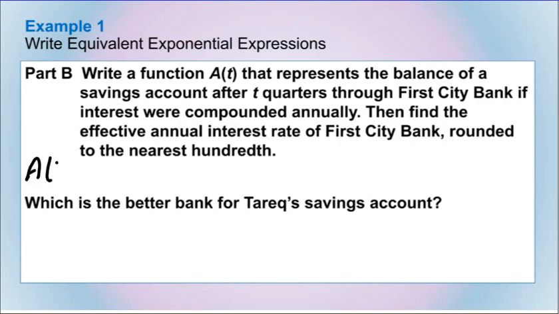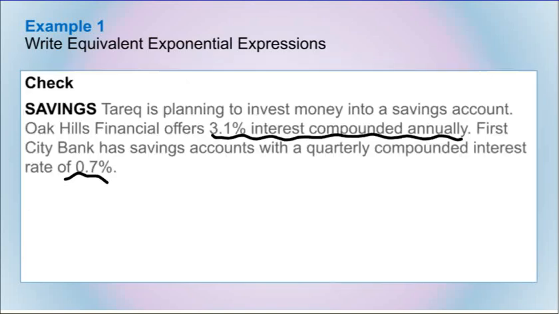So A of t equaling 1 times 1 plus, that was 0.7, so that would be 0.007.